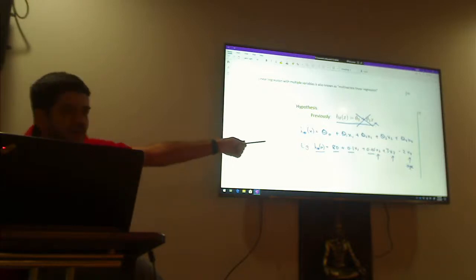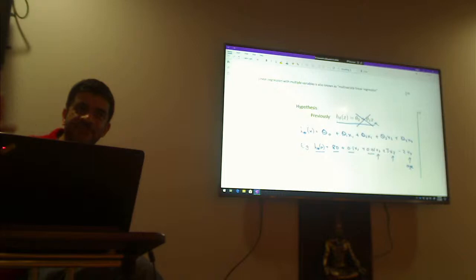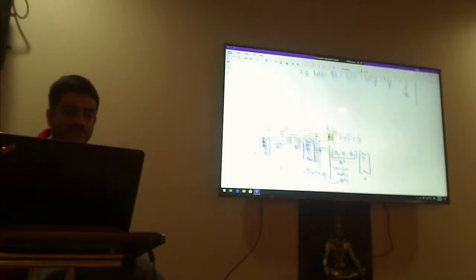The value of the parameters, in such a way that the cost function is minimum. Cost function minimum means the difference between the actual and estimated is minimum. That's it. If you know that template, or those 3 steps, everything else is a substitution in those 3 steps. So let's go.